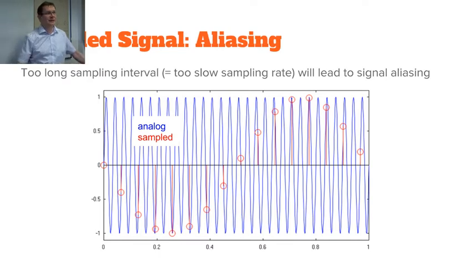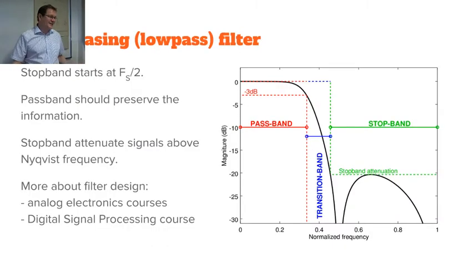But usually you cannot. The anti-aliasing filter is simply a low-pass filter to reduce those unwanted frequencies. Usually, the stop band starts at the Nyquist frequency.